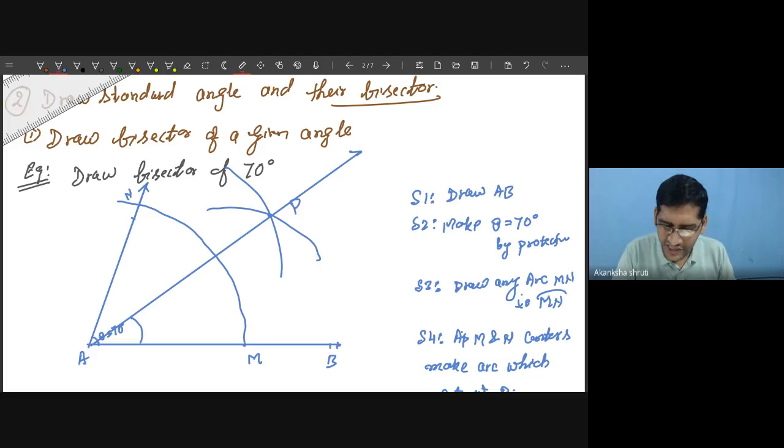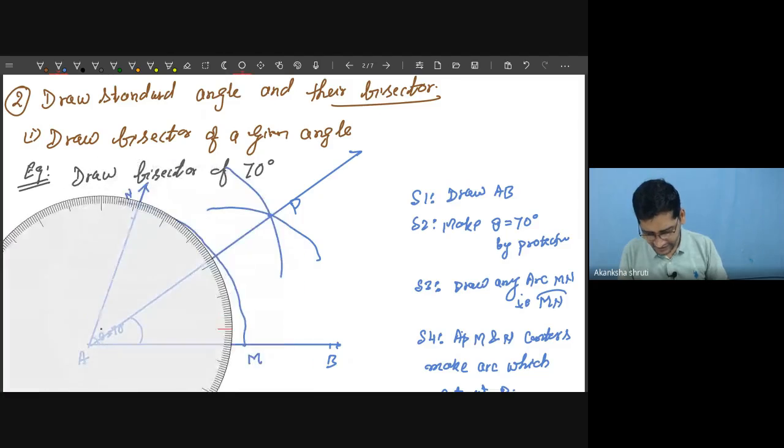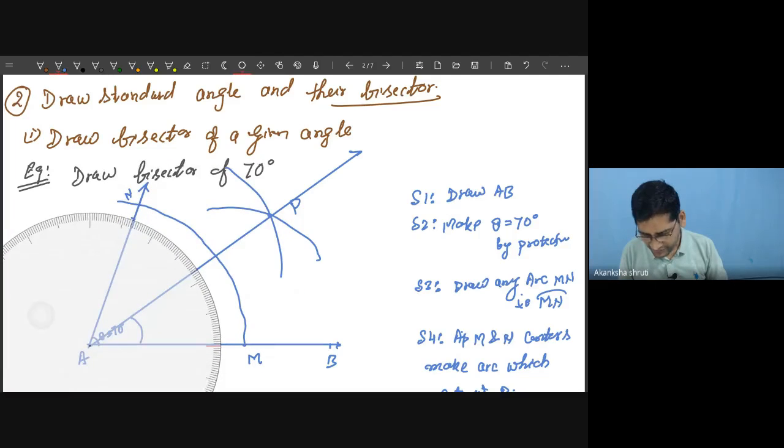If you wish, you may check it. If it is done exactly on a scale, then you will get it like this. See, again, place it on the center and let me check it. See, it is your 35 degrees. Are you getting exactly 35 degrees matching? Is it okay? So these are the steps that we need to follow.